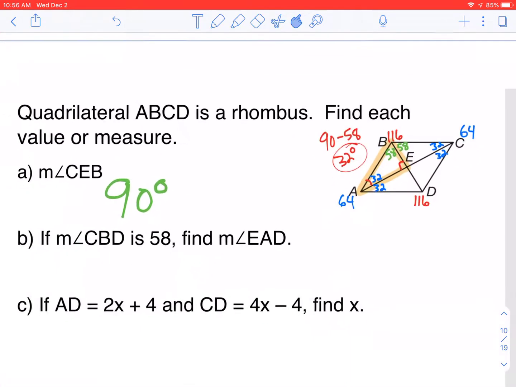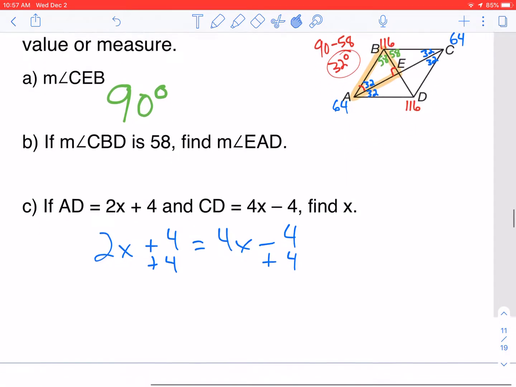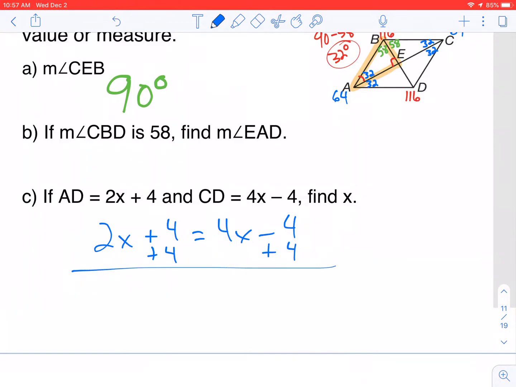All right, and the last one, if AD is 2x plus 4 and CD is 4x minus 4, find x. Well, all the sides are equal. This would be the same as in a square. Okay, so I'm going to add 4 to both sides, and I am going to get 2x plus 8 equals 4x.